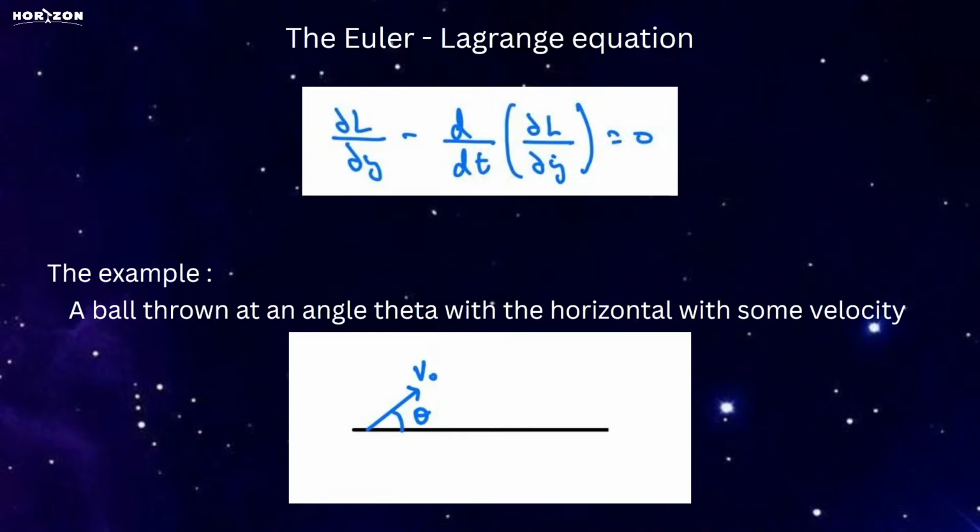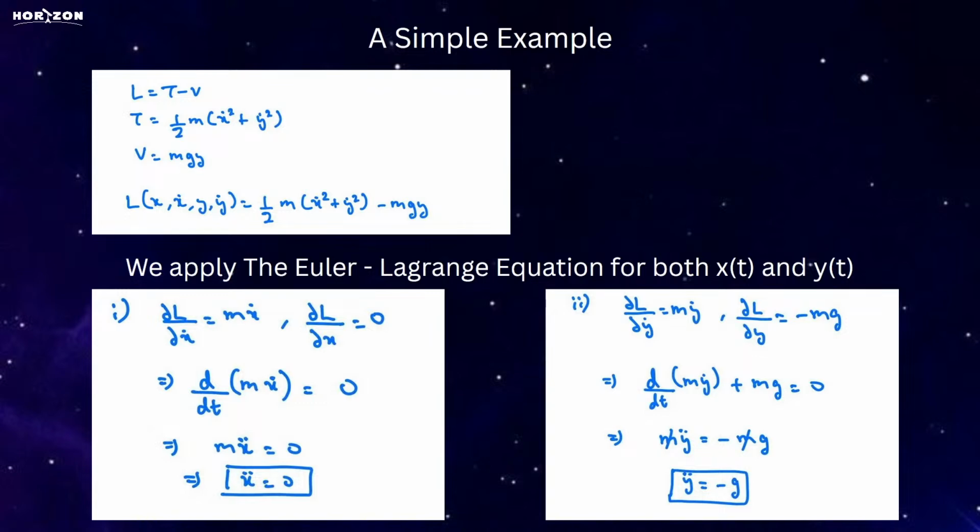Now I should probably show you how it is even usable in an example. So let's take a simple example of throwing a ball at an angle theta with the horizontal with velocity v naught. Well, to solve it, we can just easily calculate the Lagrangian for it, which is, as we know, kinetic energy minus potential energy, and then solve for the x direction and the y direction separately.